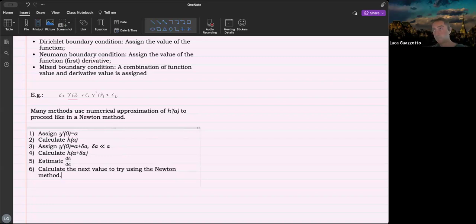Now, this is all looking, well, I hope it's all looking good and clear, but that's still not the end of the story. What happens if the equation you're trying to solve is not a second order equation? And there are problems in physics. I'm not going to give you any specific example.